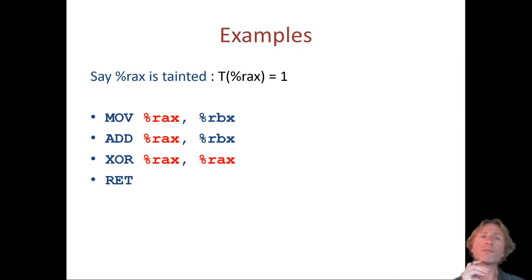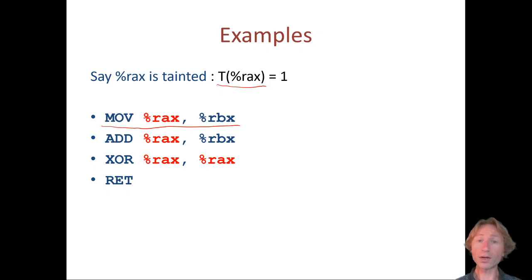For instance, if the RAX register is tainted, we denote that on this slide by saying the taint of RAX equals 1. Then we go through the instructions, and Argos, the emulator, has changed the instructions that are executed to also propagate taint. So whenever we see a move of the value that's in RAX into RBX, we also need to propagate that taint.